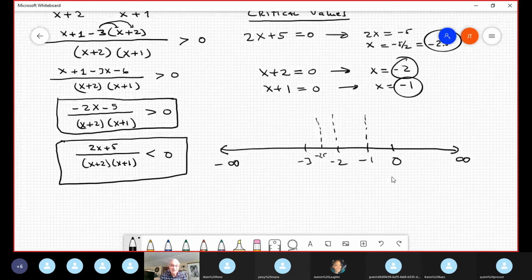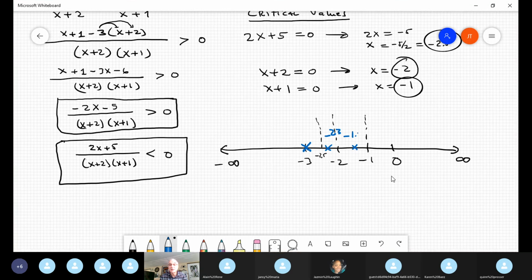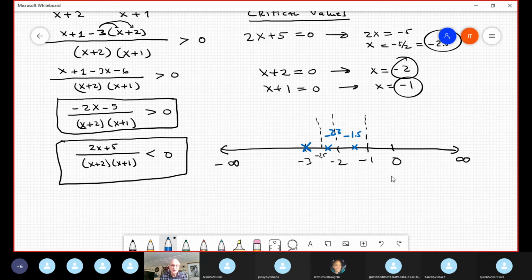And the testing point I select in my paper was negative 3, and between negative 2.5 and negative 2, I select negative 2.3, either way. And between negative 2 and negative 1, I select negative 1.5. Y after negative 1, I select 0. This is my testing point I propose in my chart.